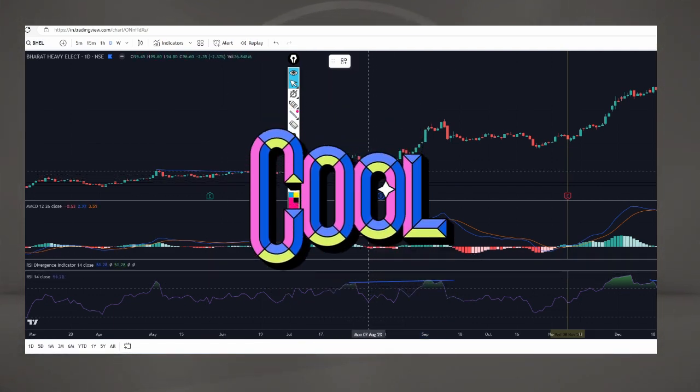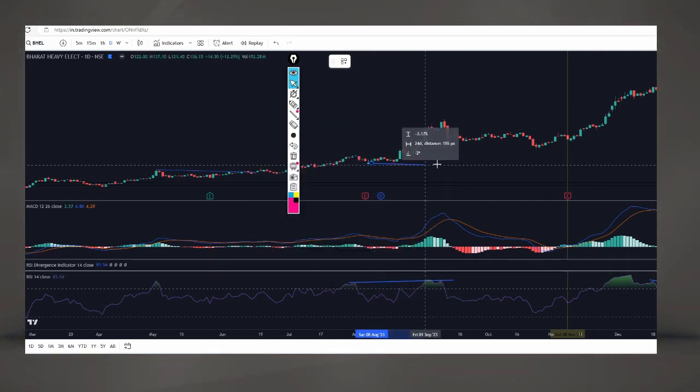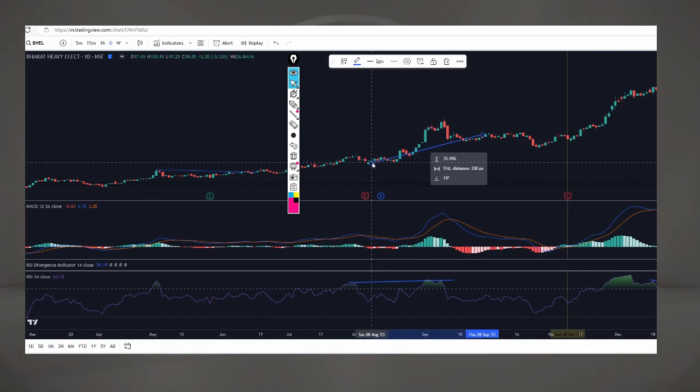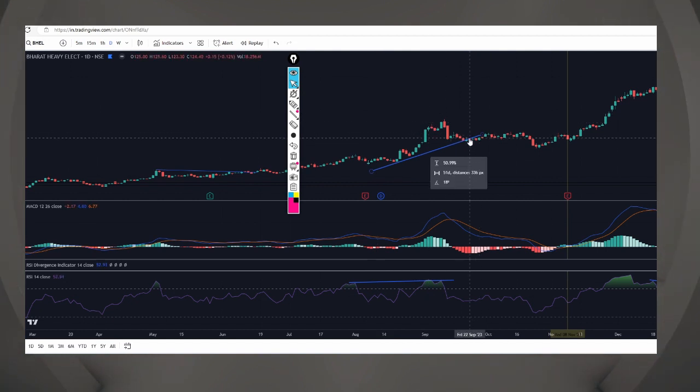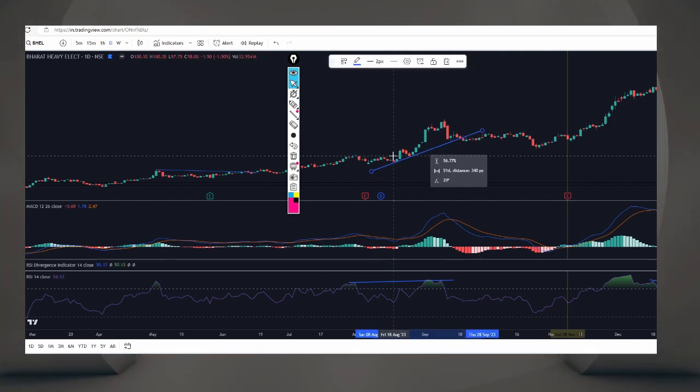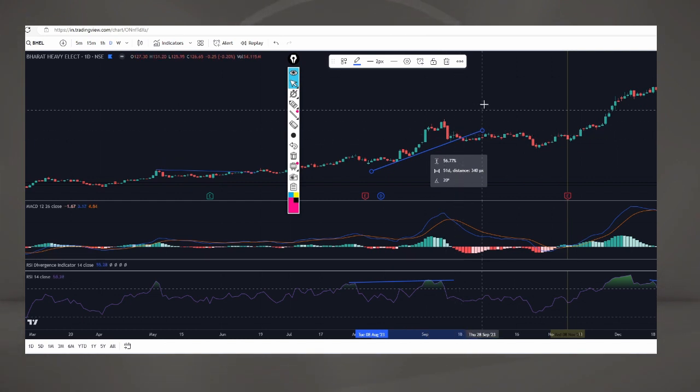The bottom is here and this one's bottom is over here. So this is the trend line. Until this trend line breaks, I'm not really bothered about exiting the stock, right? Or I get a confirmation to enter if the RSI had gone above this.